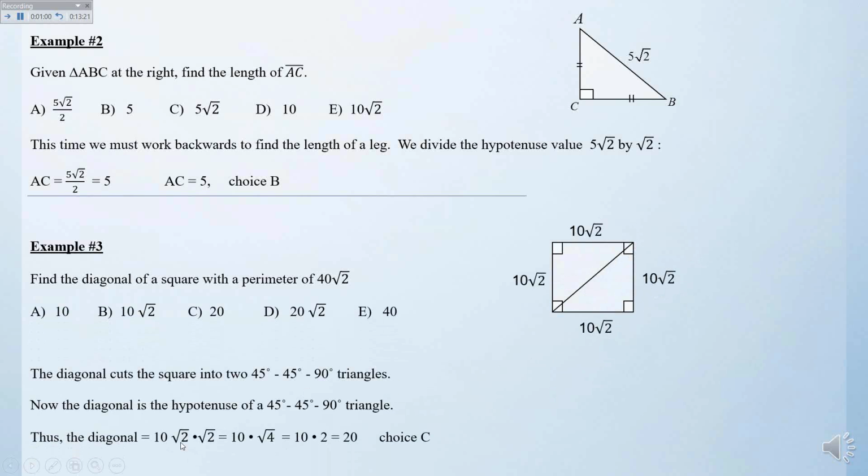We've got 10 root 2, which is our side, times radical 2, and that's going to equal 10 times 2. Because if you multiply the square root of 2 times square root of 2, you get the square root of 4, and you know that the perfect square of that is 2.